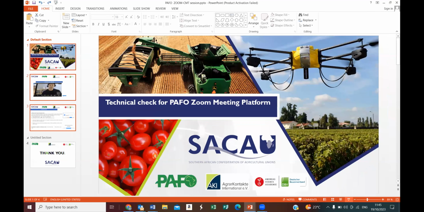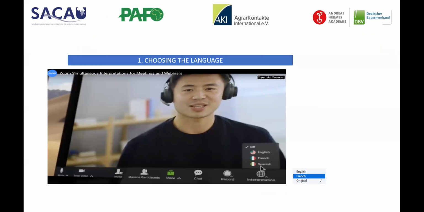Okay, last time when we were conducting the previous two sessions, we discovered that we had a challenge when people were choosing their breakout rooms. So today we felt like we should iron this issue out before we go to the breakout rooms. Especially for the French speaking group, there's an icon at the bottom of your computer which has interpretation.